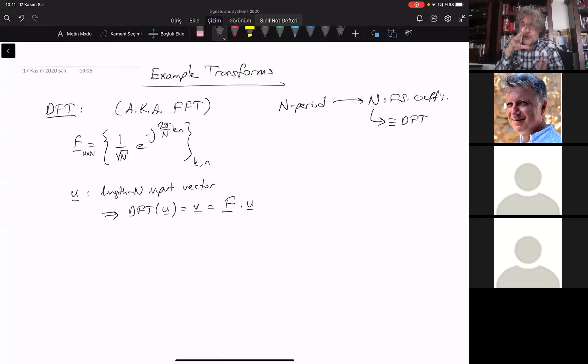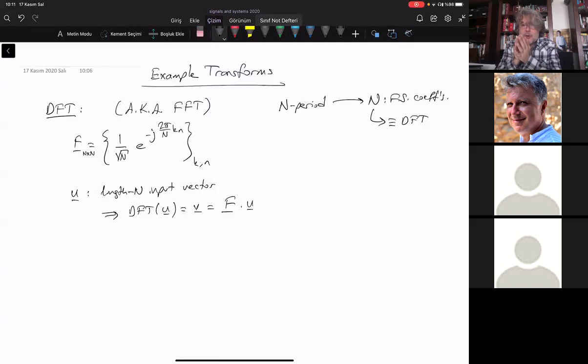But if you don't use 1 over square root of n in the DFT, for instance, then when you are taking the inverse DFT, you have to put a 1 over n. Or if you put a 1 over n in taking the DFT, in the inverse DFT, you don't put anything. So that the DFT and inverse DFT are normalized in multiplication with a 1 over n.